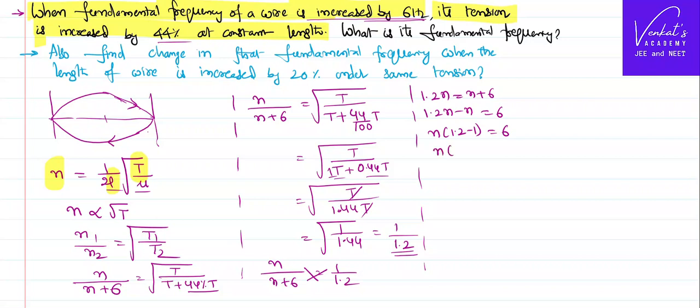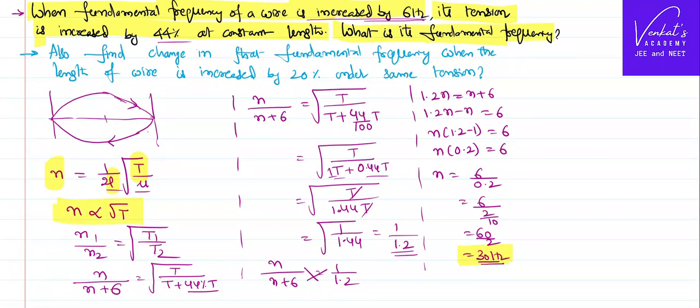So N of 0.2 equals 6. So N equals 6 by 0.2, that is 60 by 2, which equals 30 Hz. So the fundamental frequency in that case is actually 30 Hz.